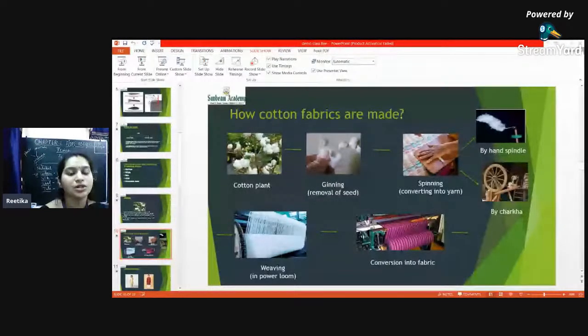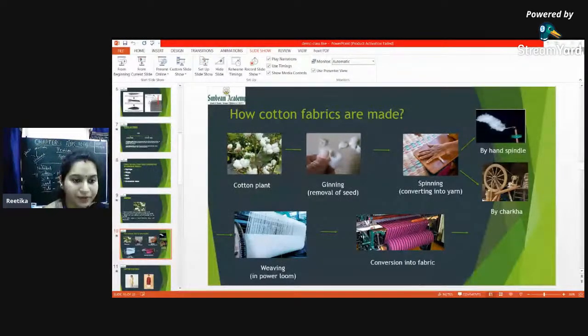Either we can do it with the help of a hand spindle, or with a charkha. Clear? Now, after the spinning is done, the yarn is sent to a power loom or a hand loom, where it is woven properly and a fabric is made.